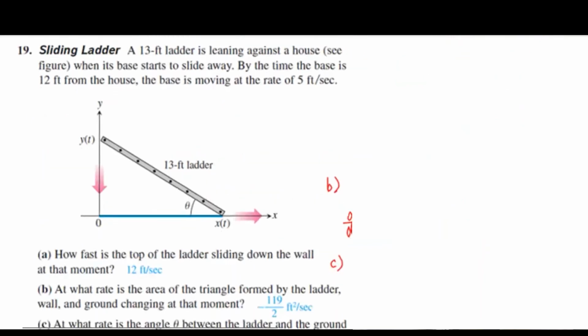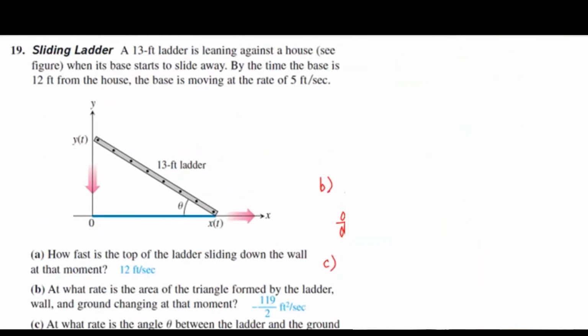Let's do this problem. Sliding ladder. Okay, so the ladder is sliding down. Does anybody want A or B? Because originally the question was 19C. Does anybody want A or B? Okay, then just C it is, right?